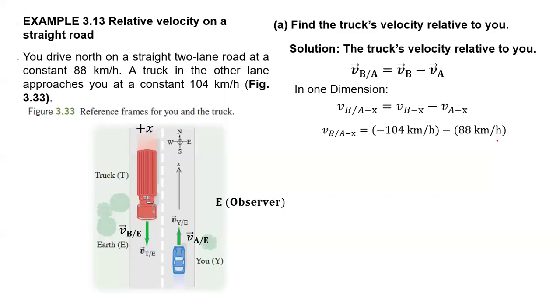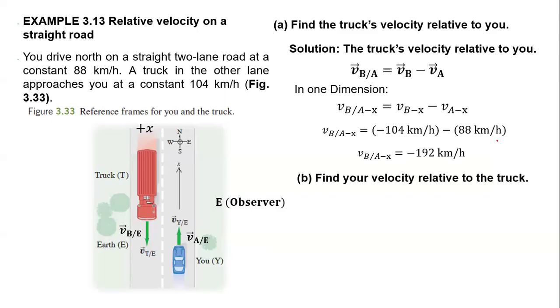So the velocity of the truck relative to A is just negative 192 kilometers per hour.